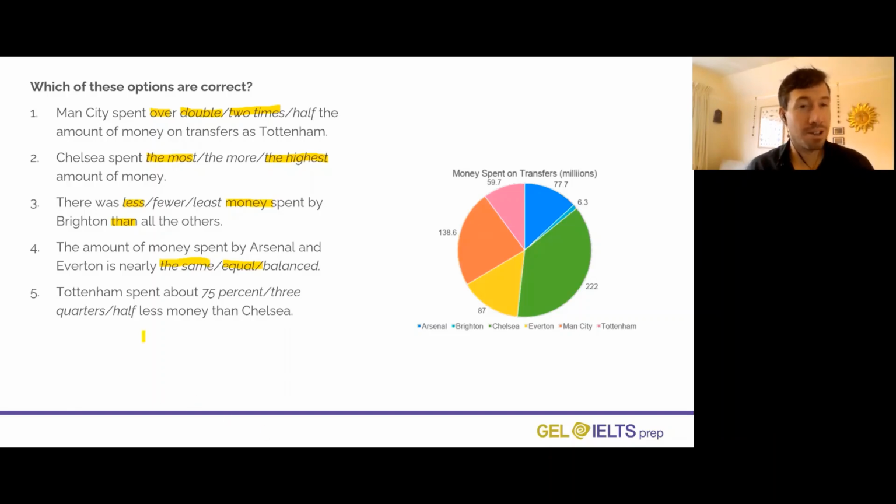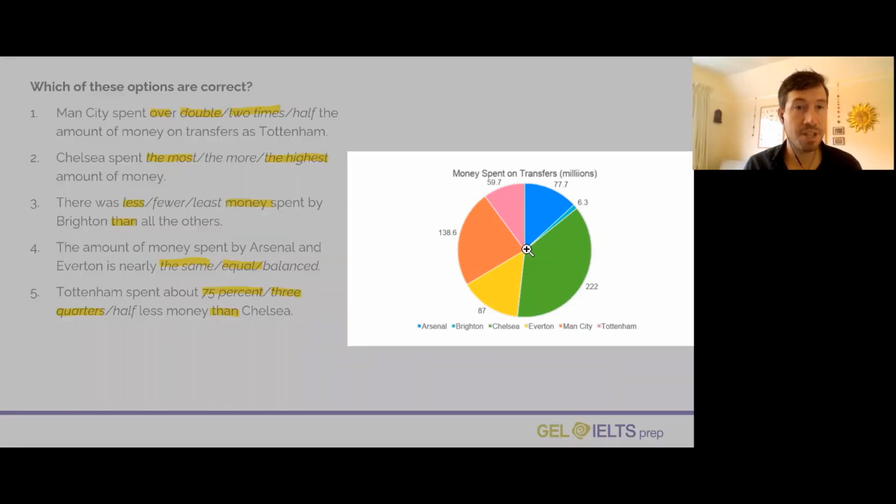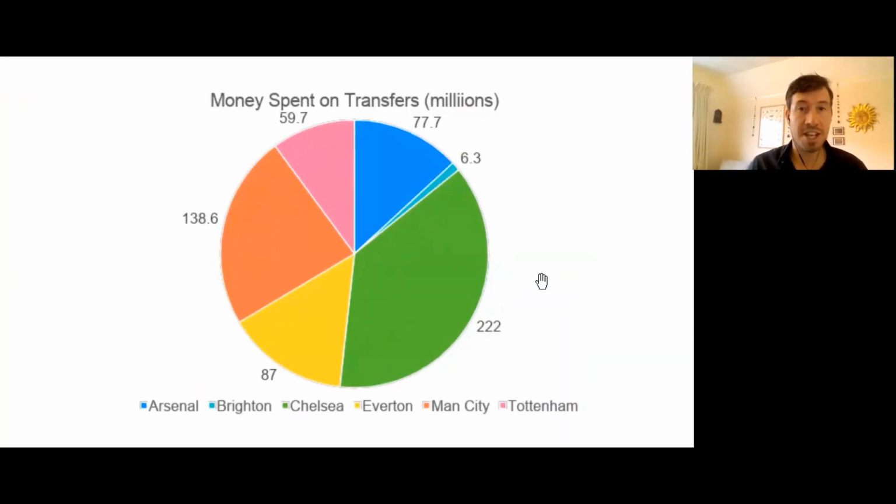Okay, so we could say Tottenham spent about 75% or 3/4, they have the same meaning, less money than Chelsea. We've got this than. Half less doesn't really make sense. And again, if we have a look at it, Chelsea 222, Tottenham 159. So yes, that's about 3/4 of the money.